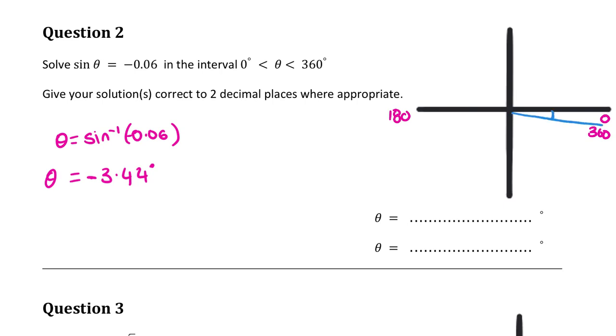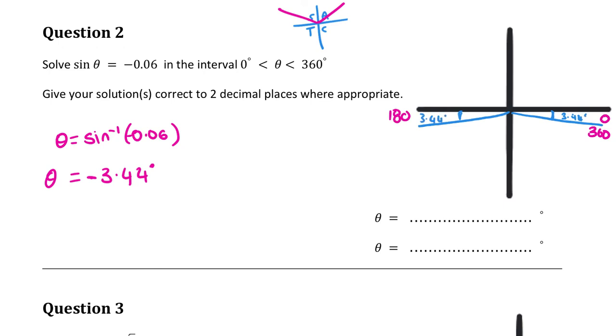Now, when we're dealing with positives in the CAST diagram, A and S, for sine we would go here and reflect in the vertical line. I still need to reflect in the same line. So for sine, I'm going to reflect it here. So I know this is 3.44 degrees.